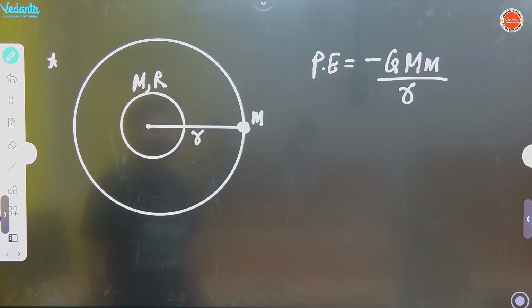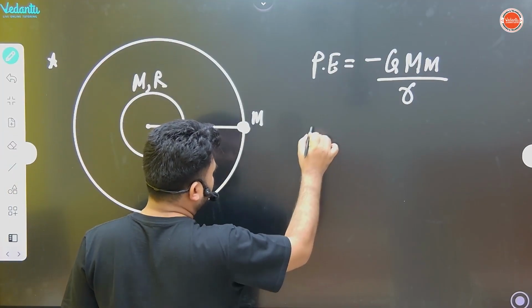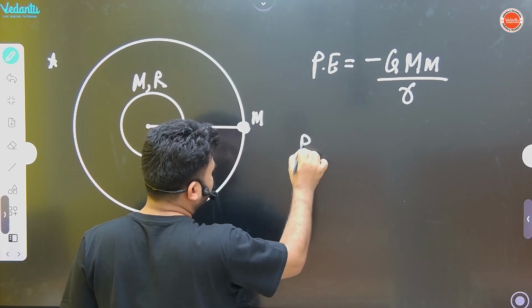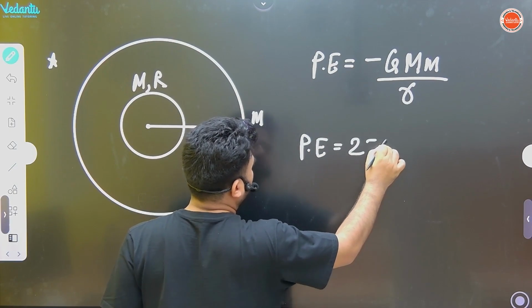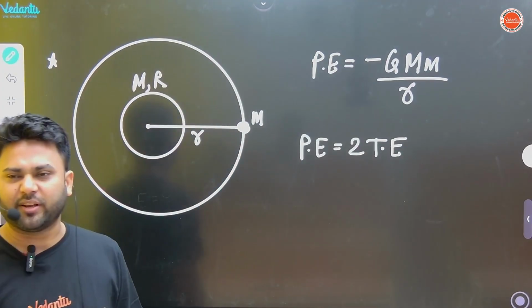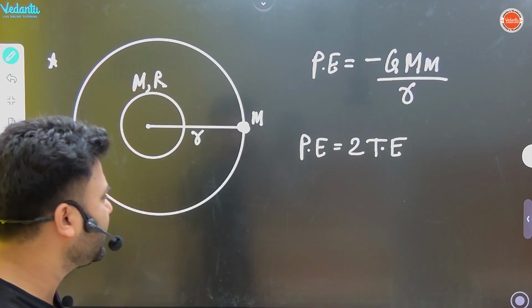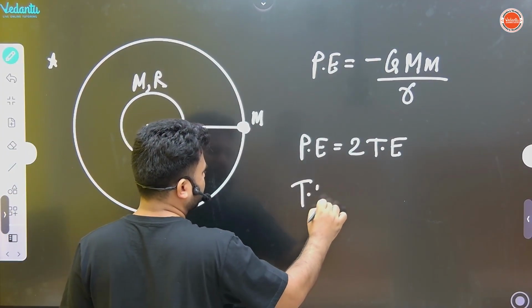Other derivations I am not doing. Just remember that the potential energy of the satellite earth system is twice the total energy of the system. Total energy means kinetic energy plus potential energy. What is total energy?